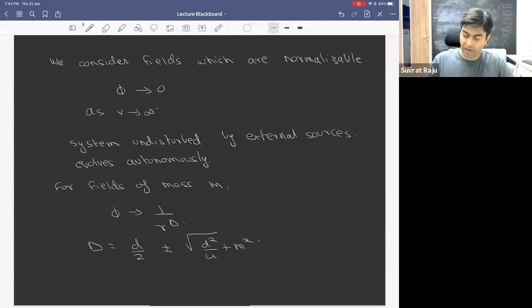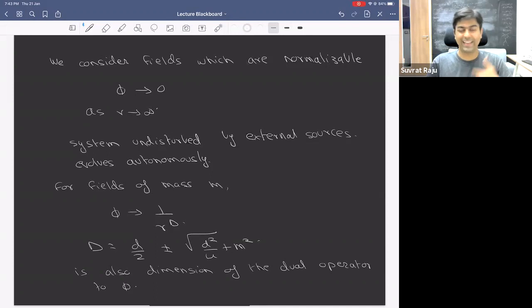This delta is also the dimension of the dual operator to phi. If you have some weakly interacting scalar field in the bulk, there's a dual generalized free field primary operator, and the dimension of this operator is delta. I just say that for general information. We are not going to need this, but we will make reference to this fact. Even though we impose only that phi goes to 0, phi in fact goes to 1 by r to the delta at large r.